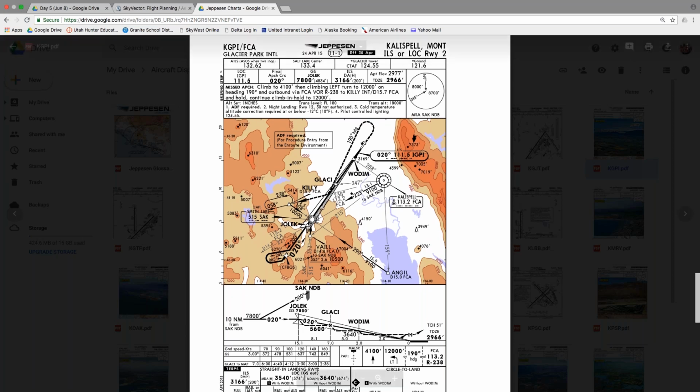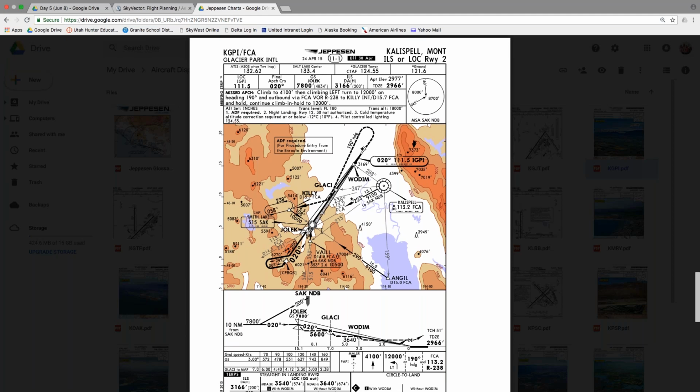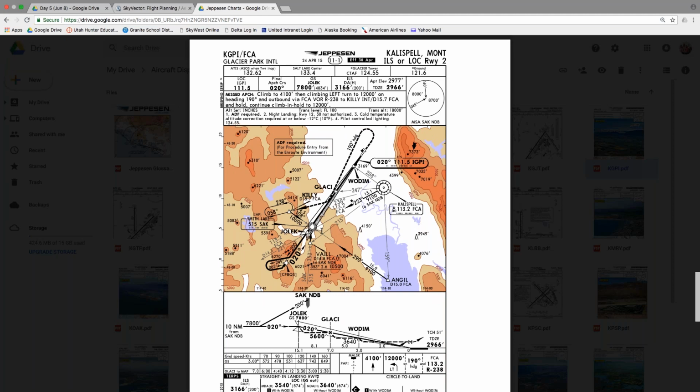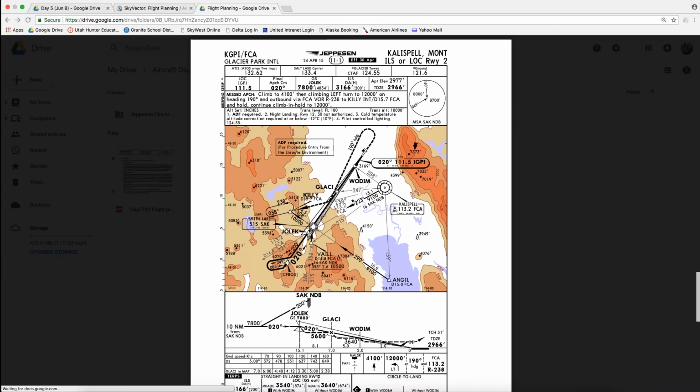So the SAK NDB right there. It's not part of my missed approach procedure, and it's not my approach at all. So I know that I'm good to go. It's used as a reference point, but it's not technically part of the approach. So we're good to go.